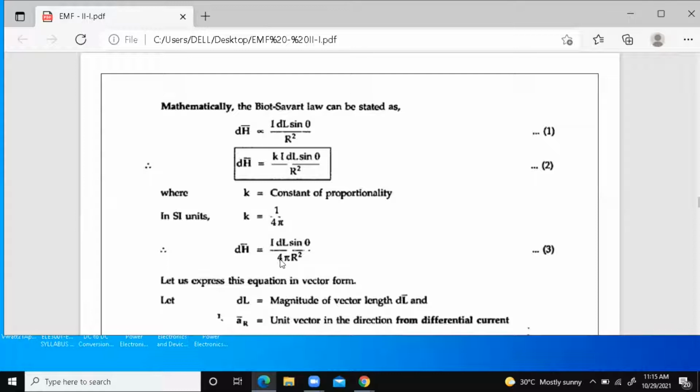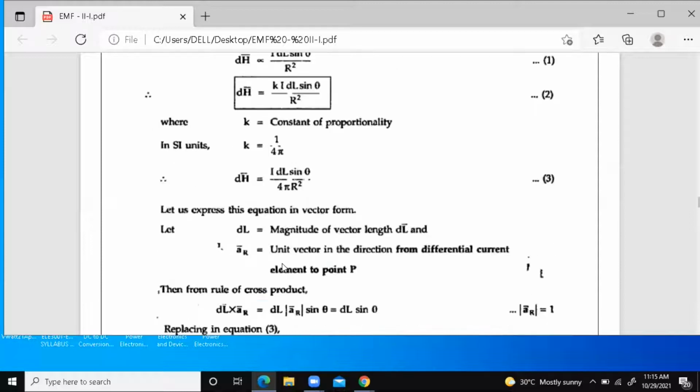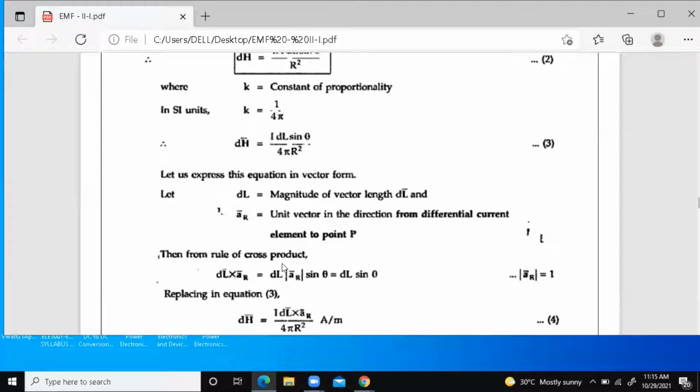So this equation is general. Now, if we express it in vectors, let dL equal the magnitude of the vector length dL, and aR the unit vector in the direction from the differential current element to point P. Then dL cross aR equals dL aR sine theta. Remember the definition for cross product?